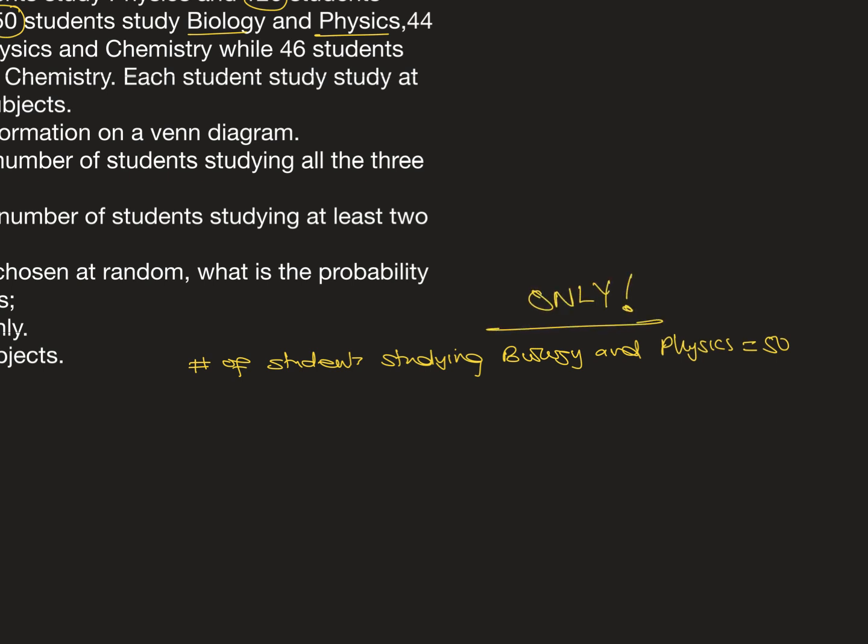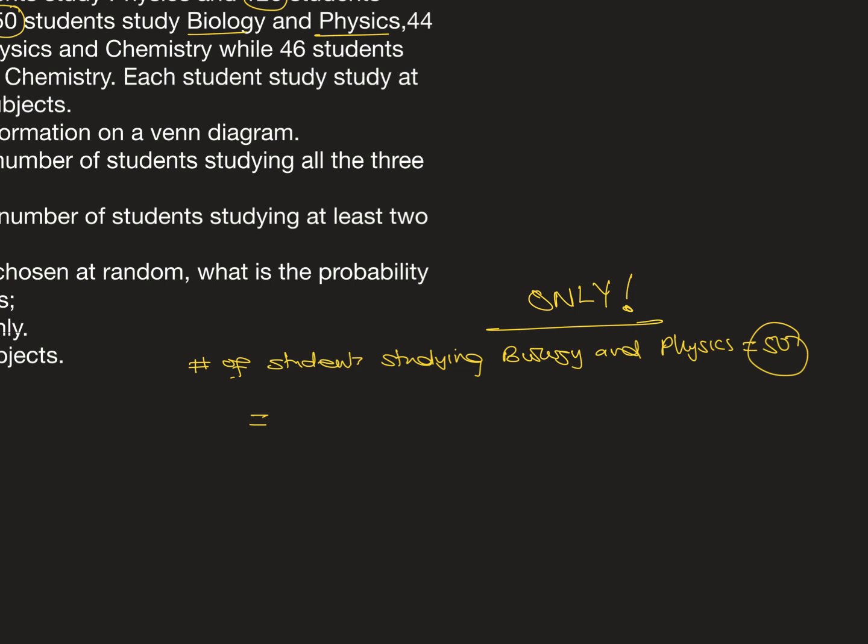No. So which means this 50 that is given to us is not the number of students studying only biology and physics, but it is the total number of students studying biology and physics. So that is going to be what?